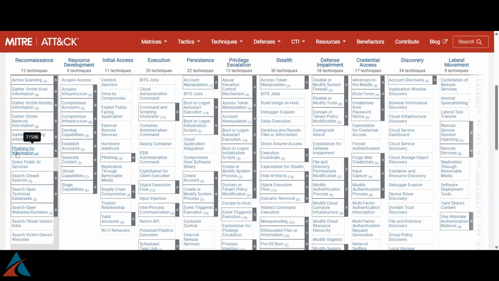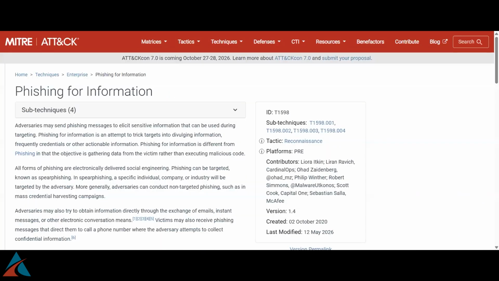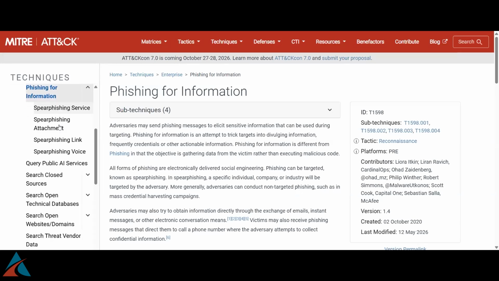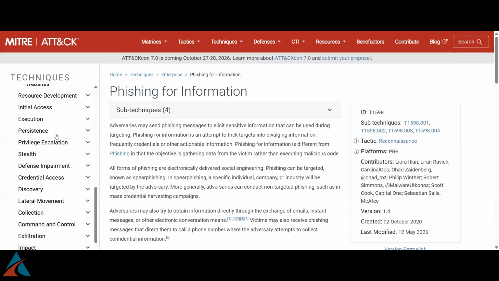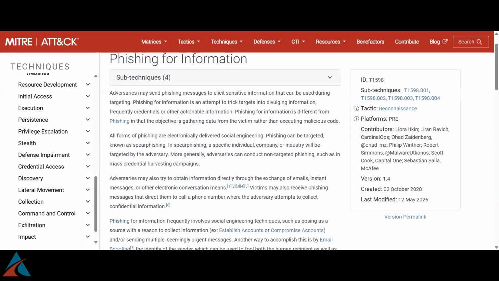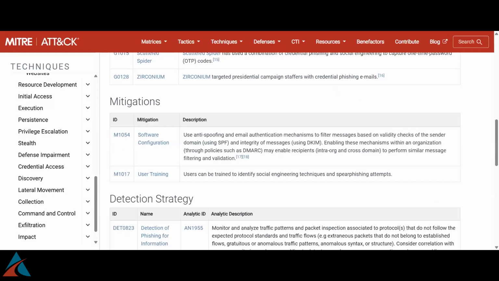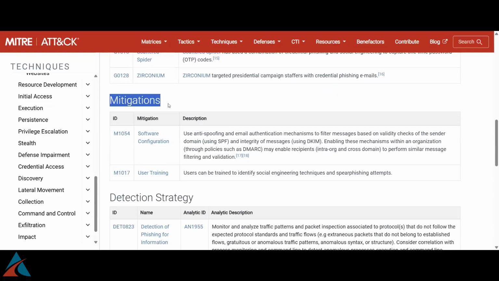Look at this, this is a known topic to you: phishing for information. You have learned about phishing, right? Open it. Do you know this term spear phishing? Yes, you do. So all the information is here: how these things are conducted, what procedures are used, and what the mitigations are. See, user training and all, we have discussed these terms, right?